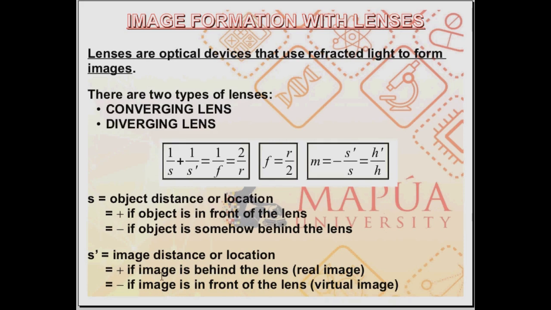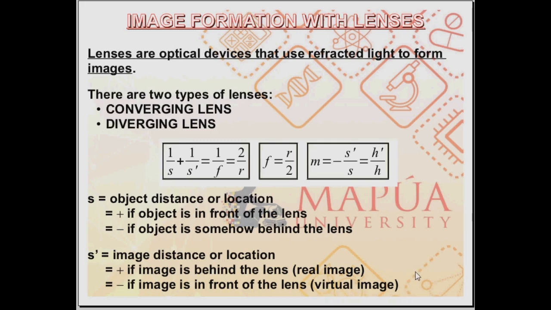So s prime is positive if the image is found to be behind the lens. You have what is referred to as a real image. Negative if the image is in front of the lens and you have a virtual image.